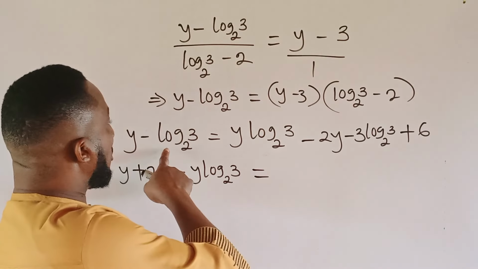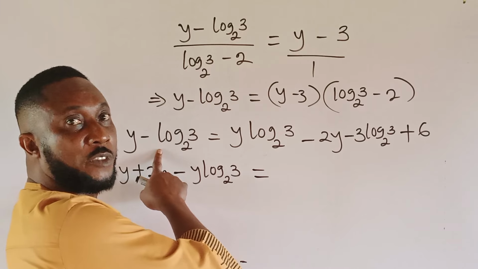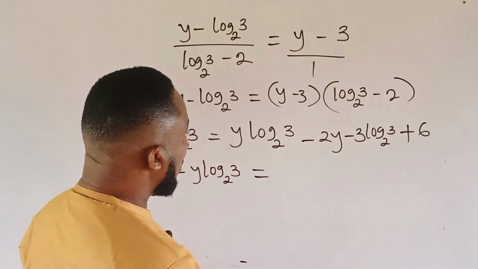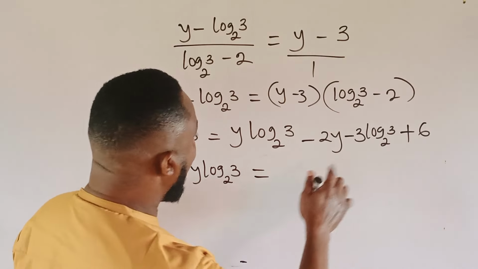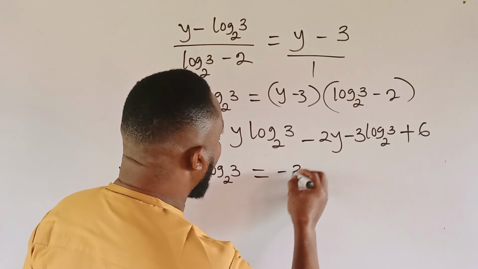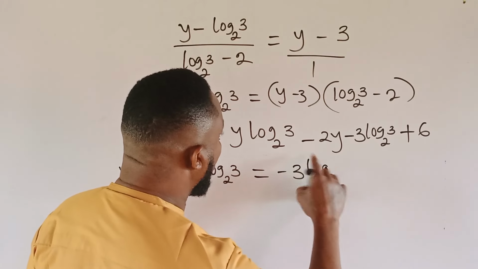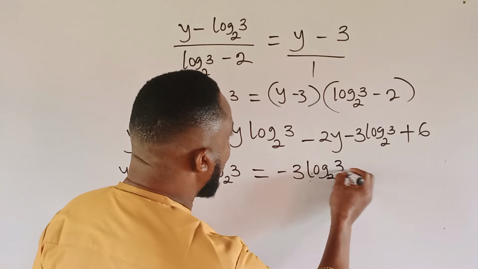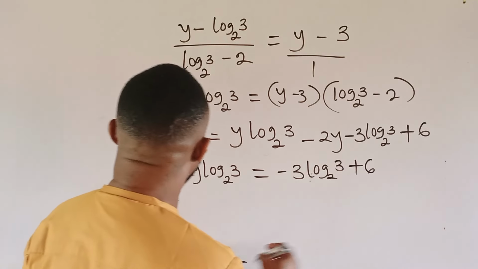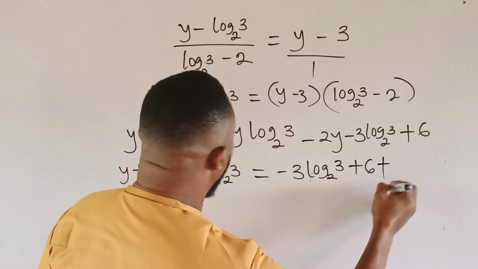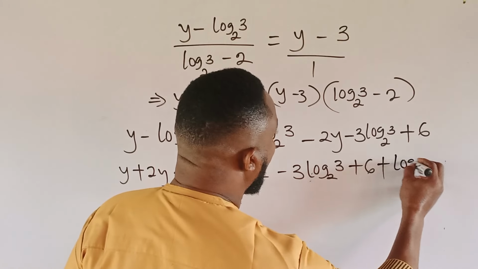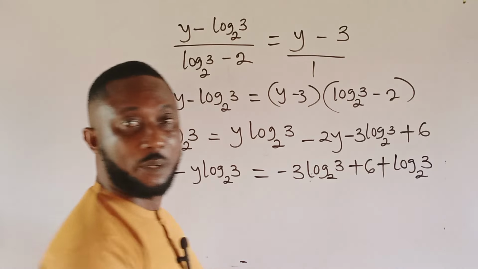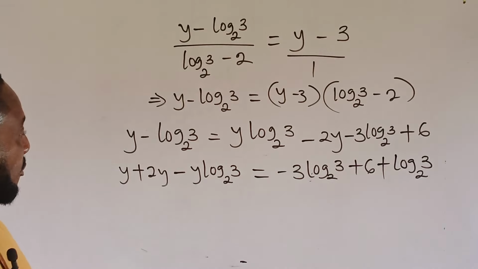So we are going to take negative log to base 2 of the argument 3 to the right. And there we have minus 3 log to base 2 of the argument 3 plus 6. Then plus log to base 2 of the argument 3.